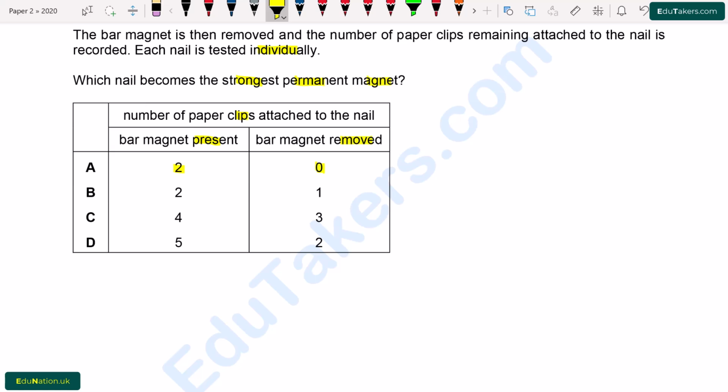In option A, when the bar magnet is present, there are 2 paper clips, but when the bar magnet is removed, there are 0 paper clips attached. It means that 0% of the nail's magnetism remains.